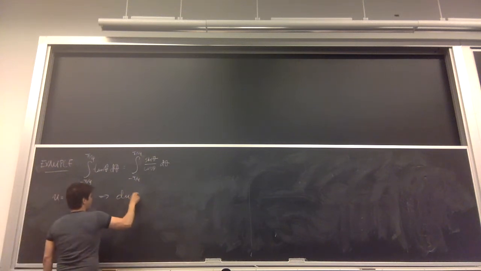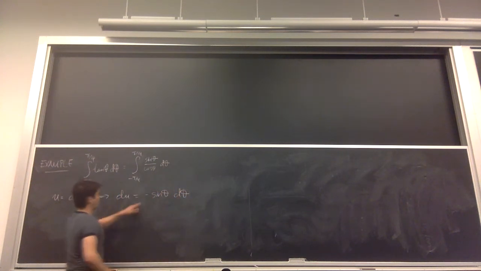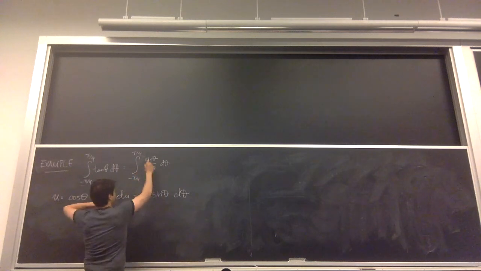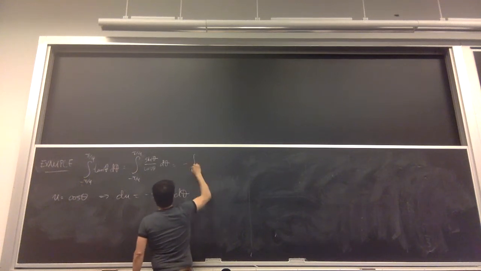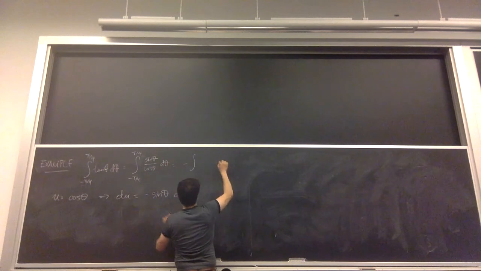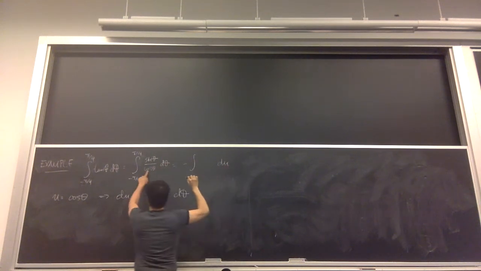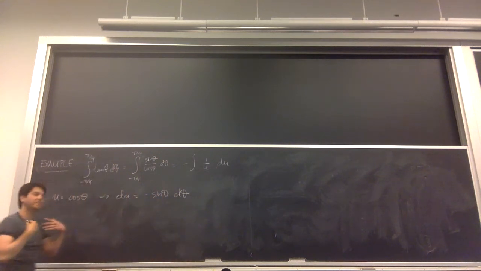This means that du is equal to minus sine theta d theta. So note that I can replace minus du with sine theta d theta. So this is minus integral, sine theta d theta gets replaced by du. Then I'm left with 1 over u, right? Okay, but I'm going to adjust the bounds.